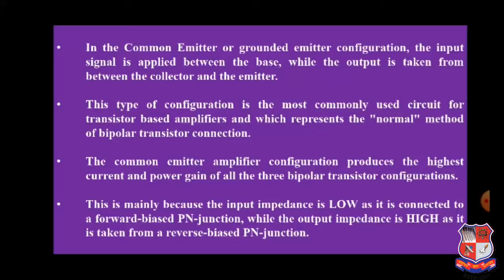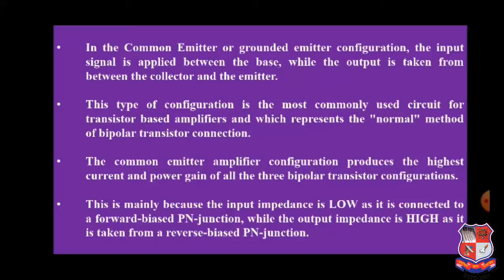So here we can easily identify the highest amount of output power as well as output current with respect to the input one, and the reason for getting the highest current and power gain is mainly because the input impedance is very low, as it is connected to a forward biased PN junction, where forward biased means what?